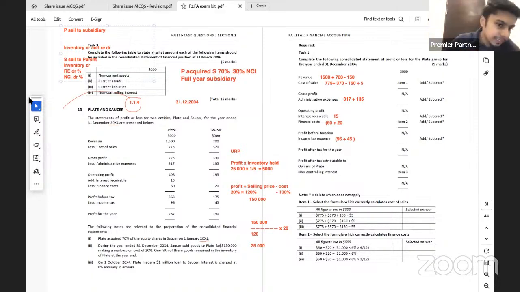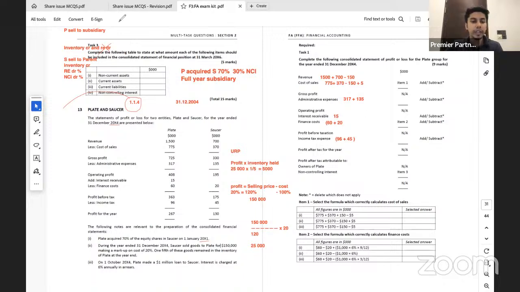Right. Now, guys, listen. It's like this. When parent is selling to subsidiary, retained earning becomes debit. No, we are ignoring retained earning becomes debit. The reason why we are ignoring it is because retained earnings we are not showing inside the income statement. Retained earning is in the SOFP, not inside the income statement.